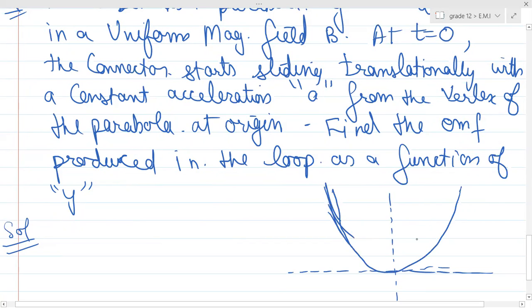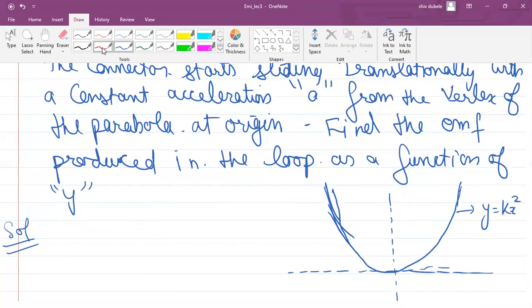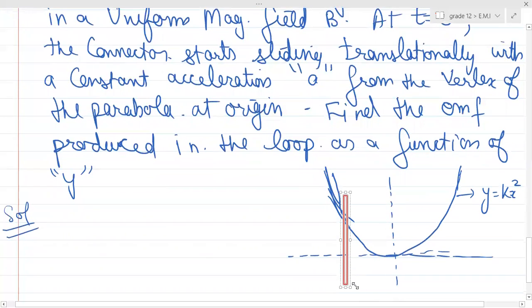Yes, guys, everyone can see a parabola, right? y equals kx square. This is the parabola y equals kx square. And now they have said that they have a connector which starts.